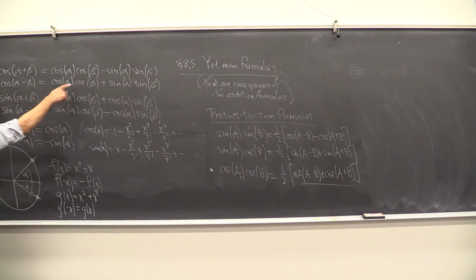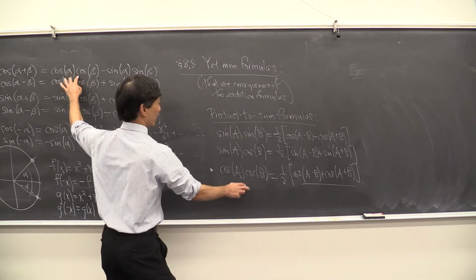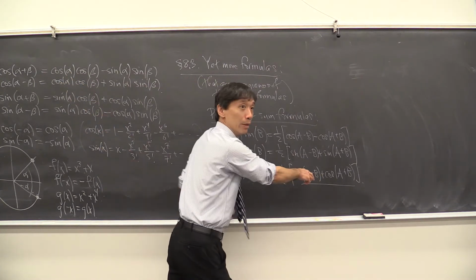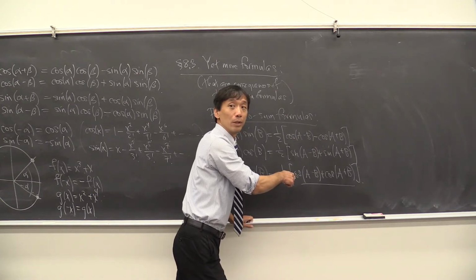So twice of this is the sum, in other words, this thing is half of the sum. That's what we're saying here: this thing is half of the sum of the addition and the difference formulas.